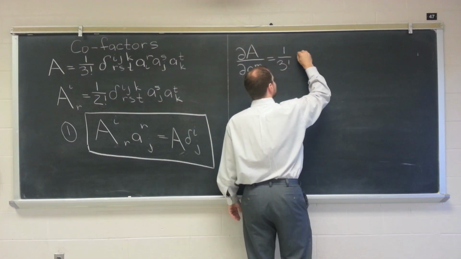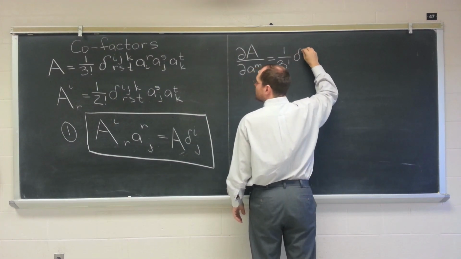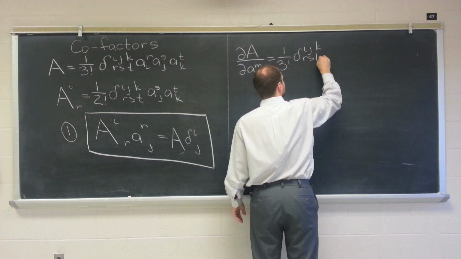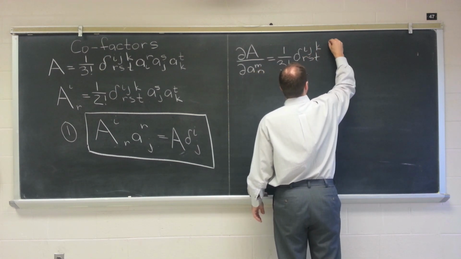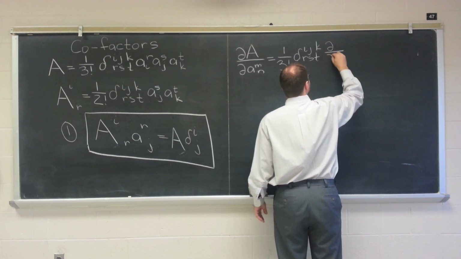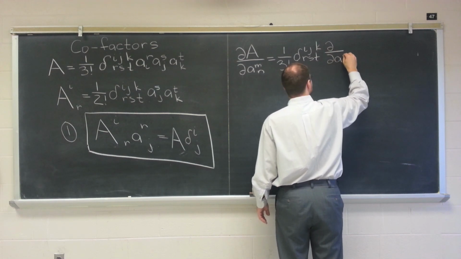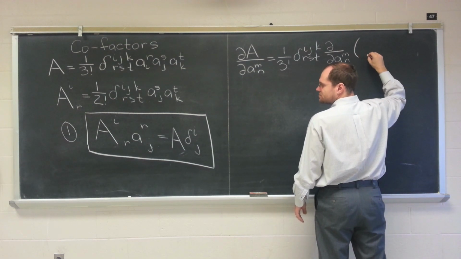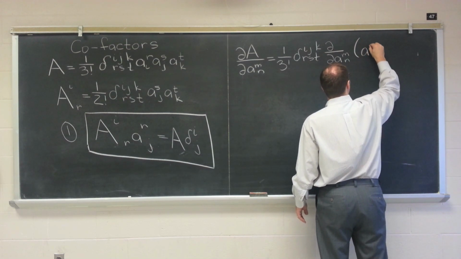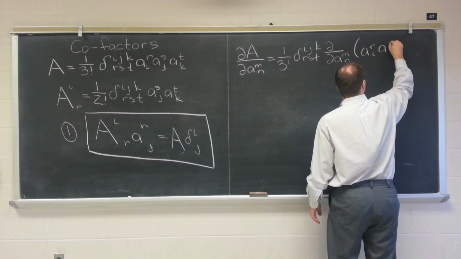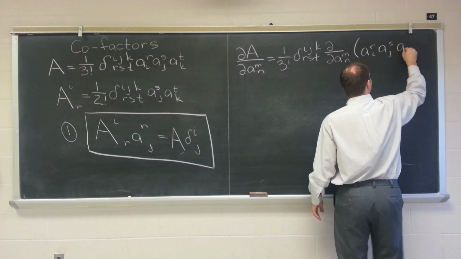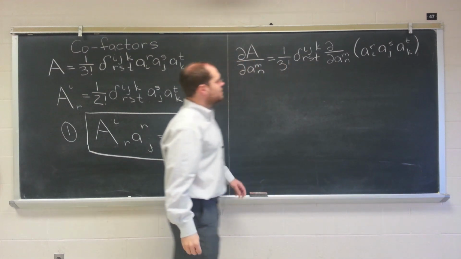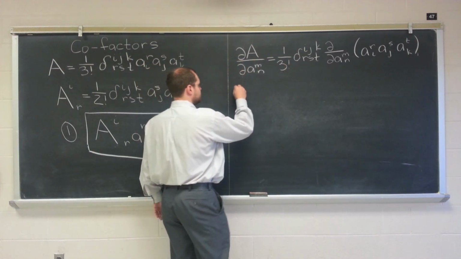And in fact, the delta system is, of course, a bunch of constants with respect to the entries of the matrix. What we have is the derivative with respect to one of the entries applied to this product, A R I, A S J, A T K. The next step is to apply the product rule.